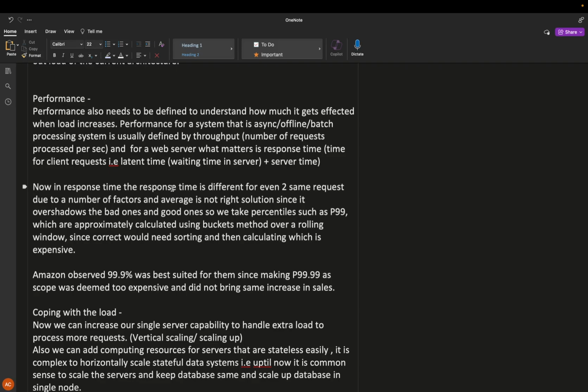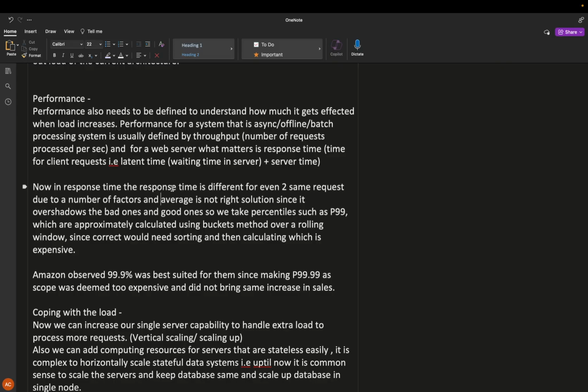But maybe some requests, maybe 10%, were taking 0.5 seconds, while a majority of requests were taking maybe 4.5 seconds. The average is not able to show that a majority of my requests took 4.5 seconds, because it includes the outliers in the weighing. So it is not a very good parameter to define it. That's why we use P99s and percentiles.